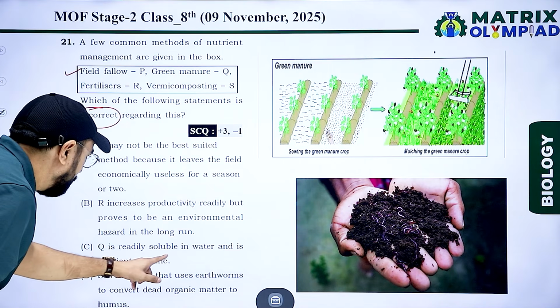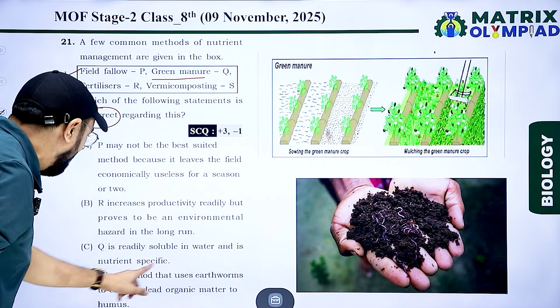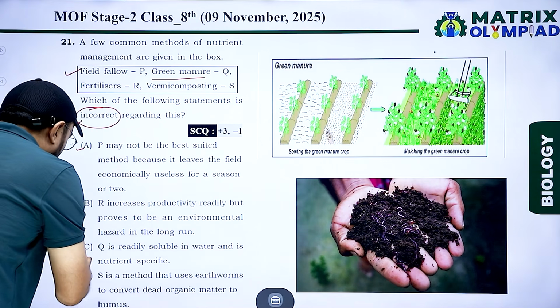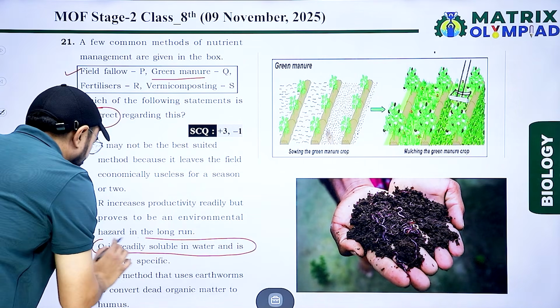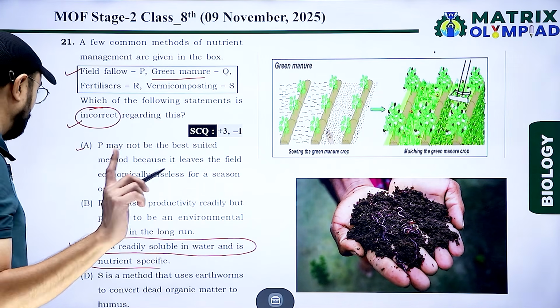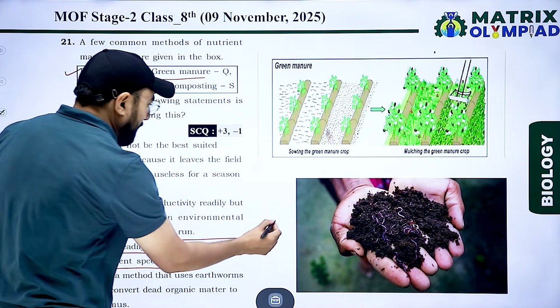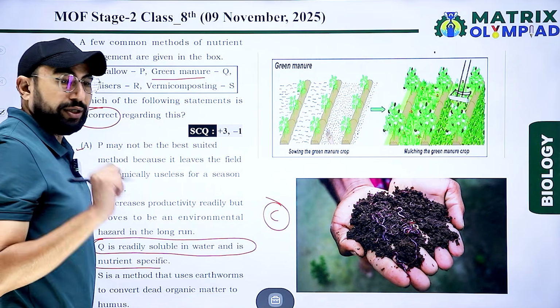Q is readily soluble in water, Q, green manure, and is nutrient specific. Wrong. Q is not readily soluble in water and not nutrient specific. So C is incorrect. Option C is right for this question.